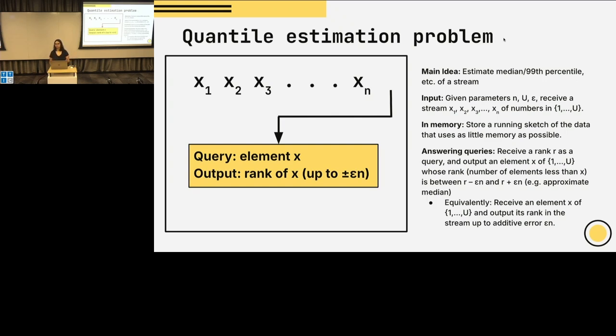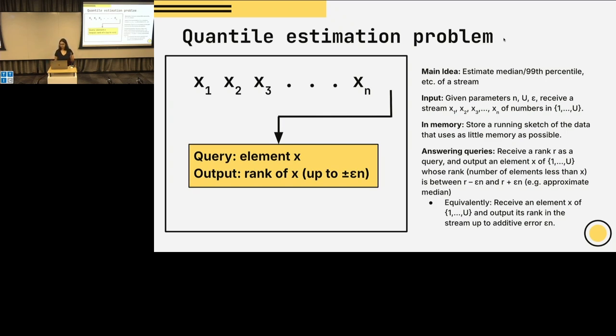You do need to know beforehand that all numbers have fixed precision, and your dependence on log u, which is the number of bits required to specify a number, will instead be a dependence on the longest element you ever needed to specify if you try to get around u. I'm not going to get into that fully, but for the sake of this talk, n is known beforehand, u is some fixed universe size parameter, and we're only going to need to answer quantile queries at the end of the stream.